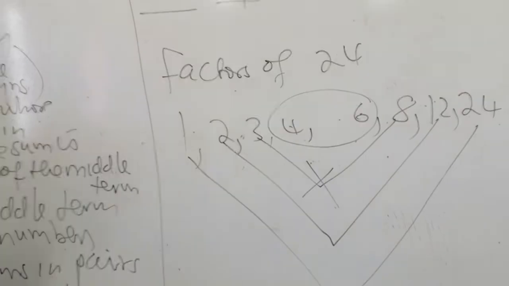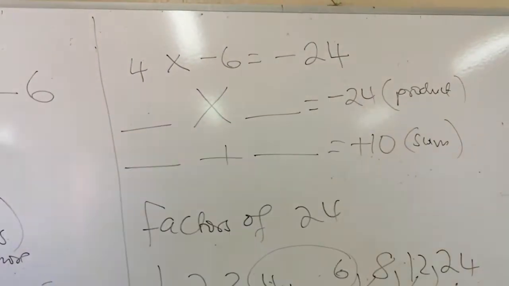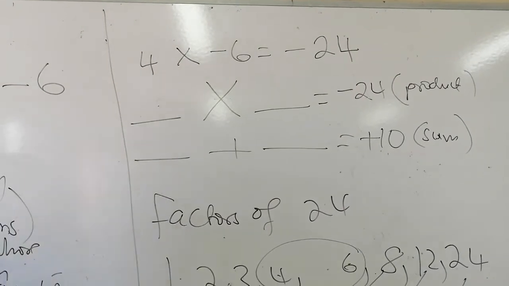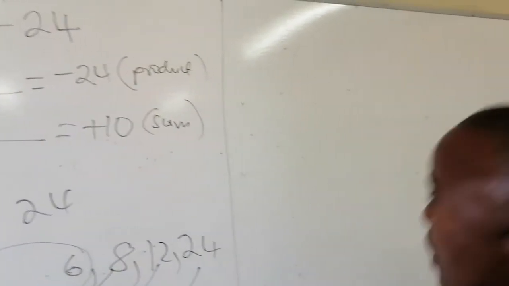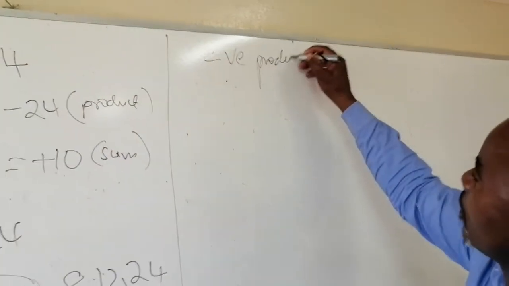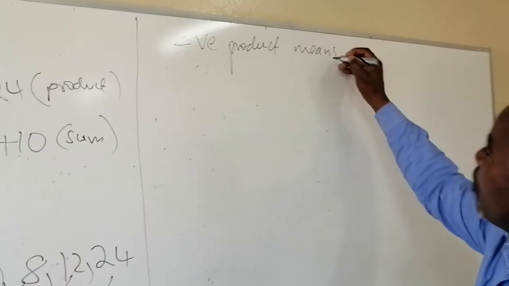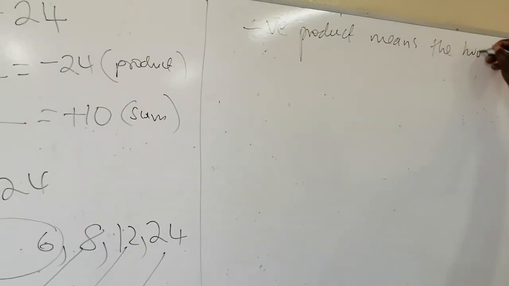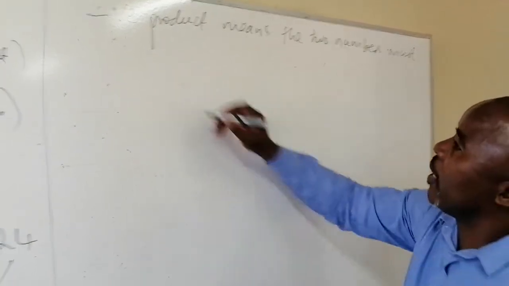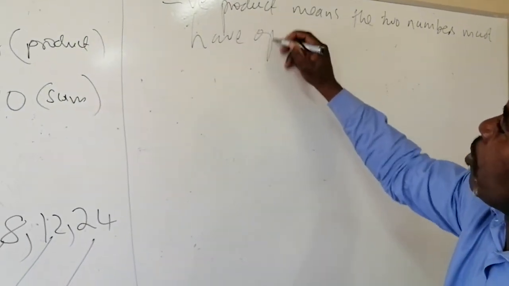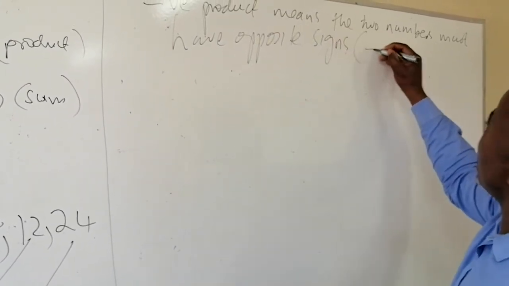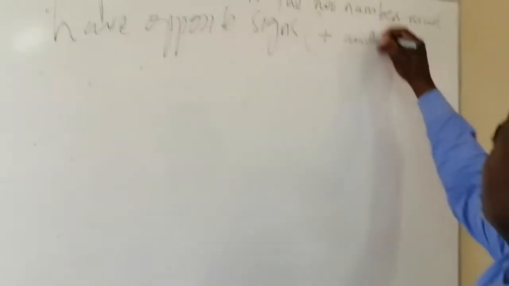Now let's look at this. The product is negative. If the product is negative, negative product means the two numbers must have opposite signs, positive and negative.